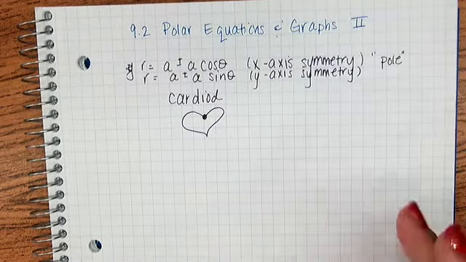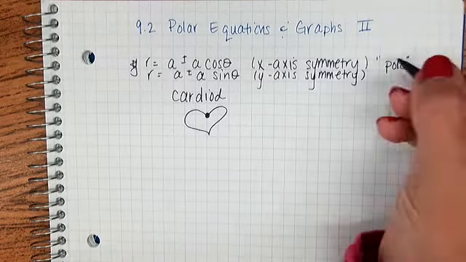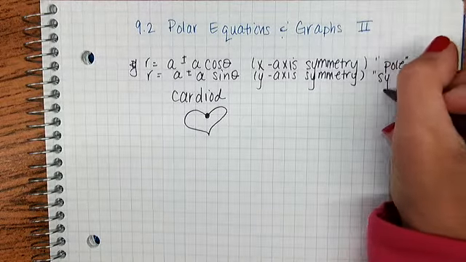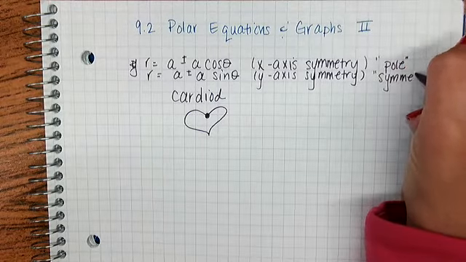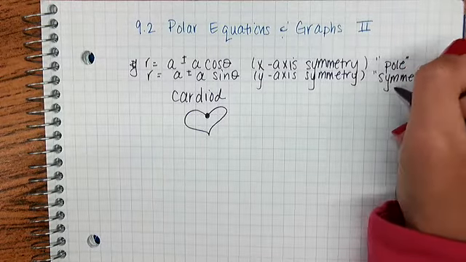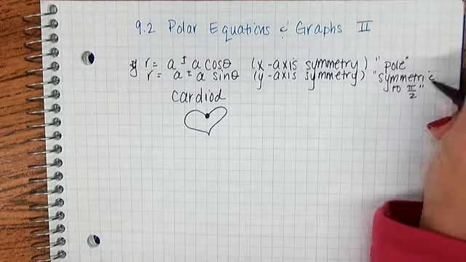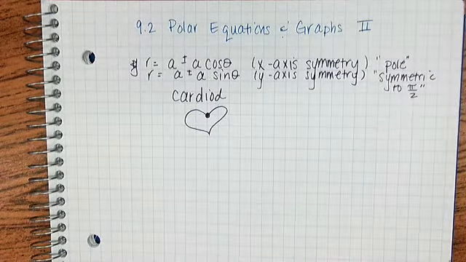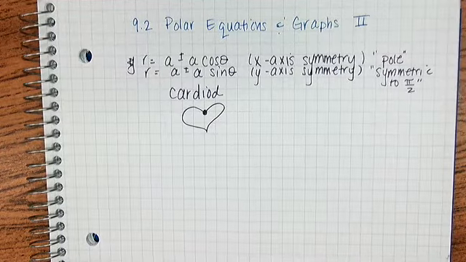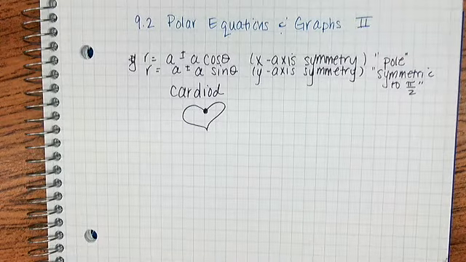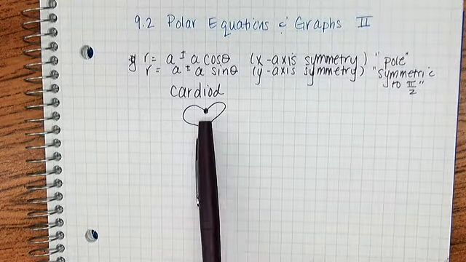The y-axis symmetry doesn't have a fancy name; we just say it's symmetric to pi over 2, which is the y-axis. In case you were wondering, the y-axis we just call pi over 2, but the x-axis is called the pole. I'm going to graph one of these, and then we'll talk more about this cardioid and the point.